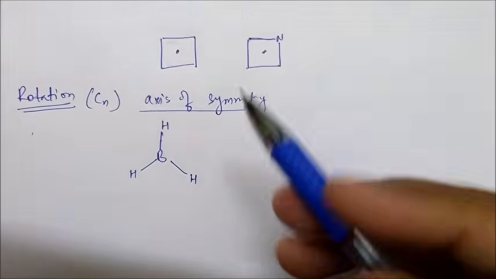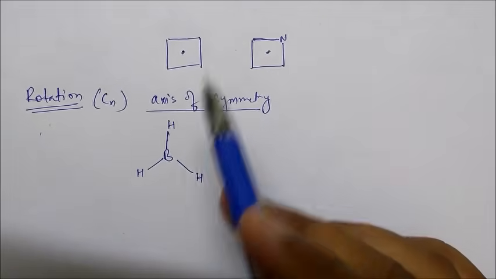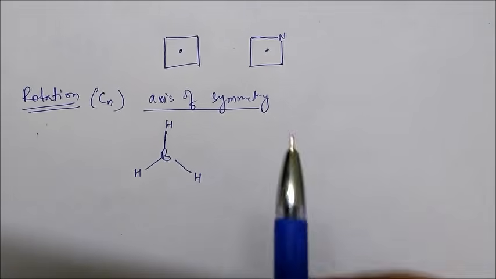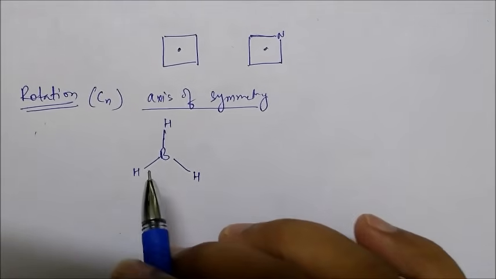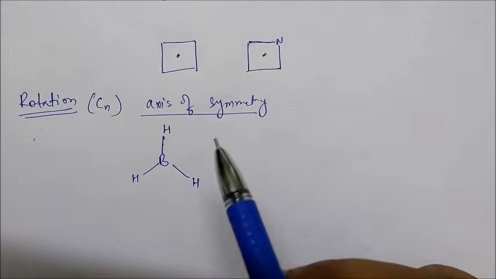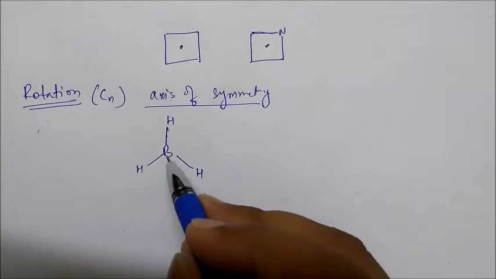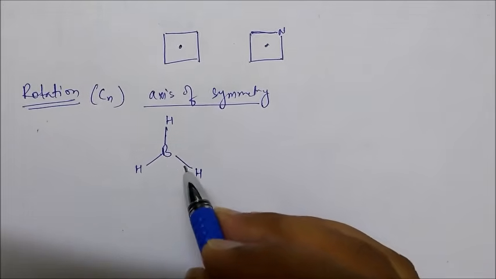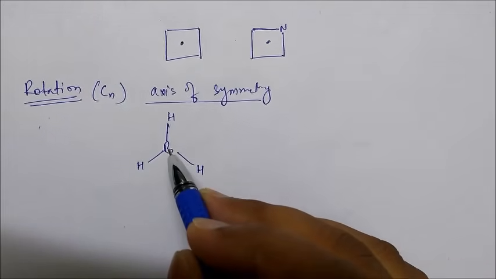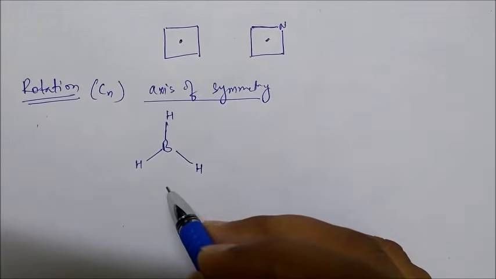First we will check the previous ones. The first thing we understood is identity, which is always there in every molecule, so it will have identity here. The next thing we understood is inversion, so we will check if inversion is there. If we take boron as the center, is it the center of symmetry? See, if you invert this hydrogen, it will come here.